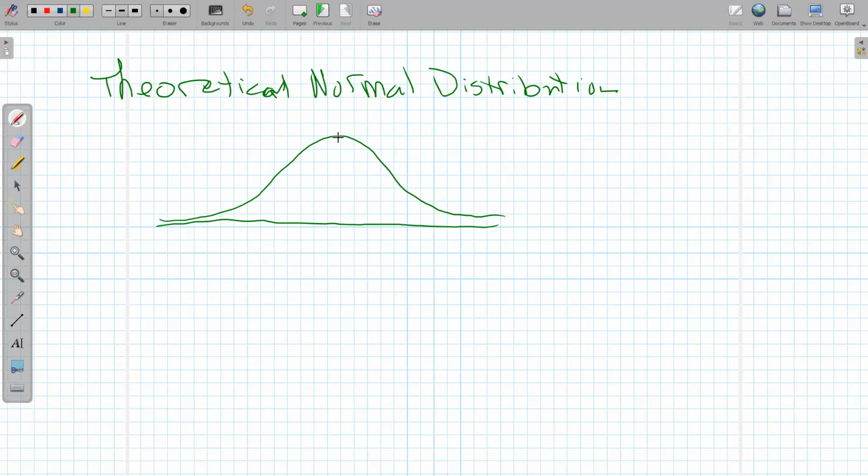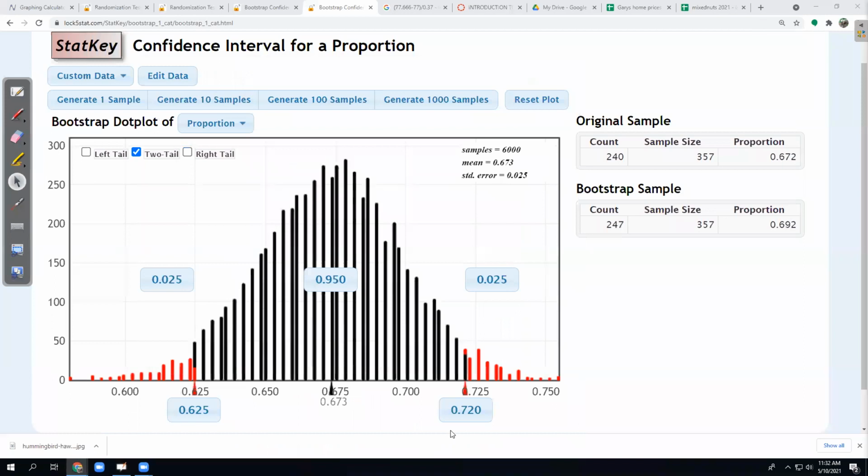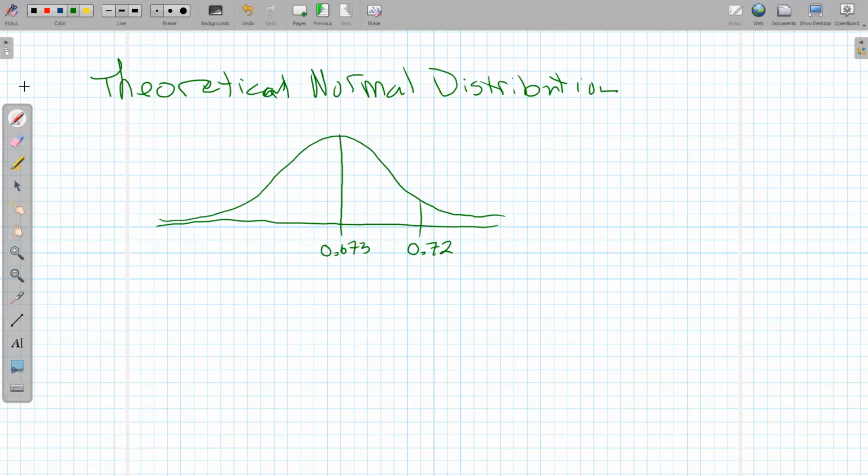So for the one I'm looking at, I have 0.673 there. Out here, I had 0.72. Check. Yep. And my standard error I also need to know for this.